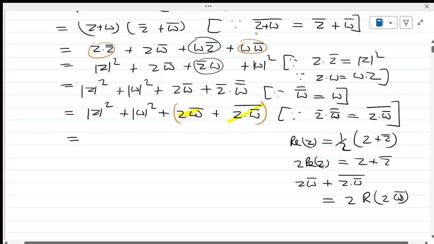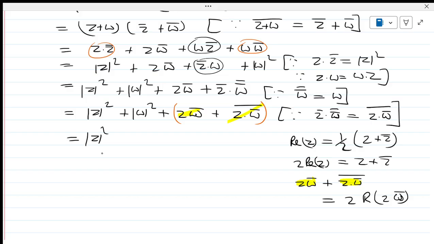So what I've done here is that I have taken this whole thing as one complex number. So z into w conjugate and the conjugate of that, that equals two times the real part of z into w conjugate.